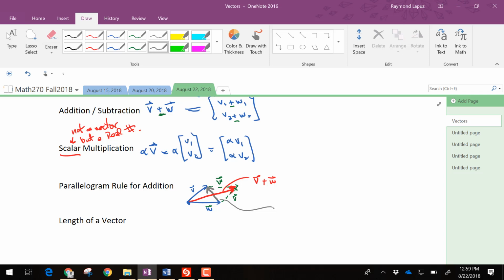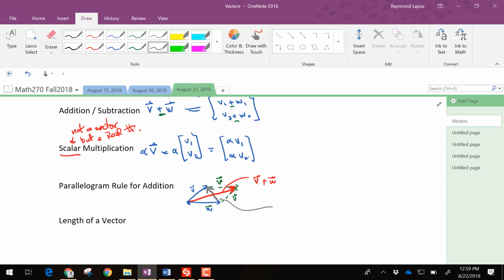Do you guys know? For some people that might have taken this vector stuff before? Yeah? The question is, this vector that I'm pointing at currently in gray is the difference between the two vectors. Is this V minus W or is this W minus V?